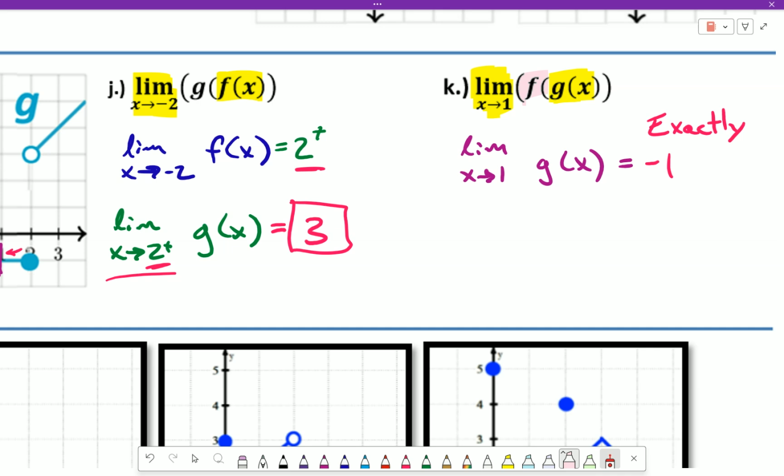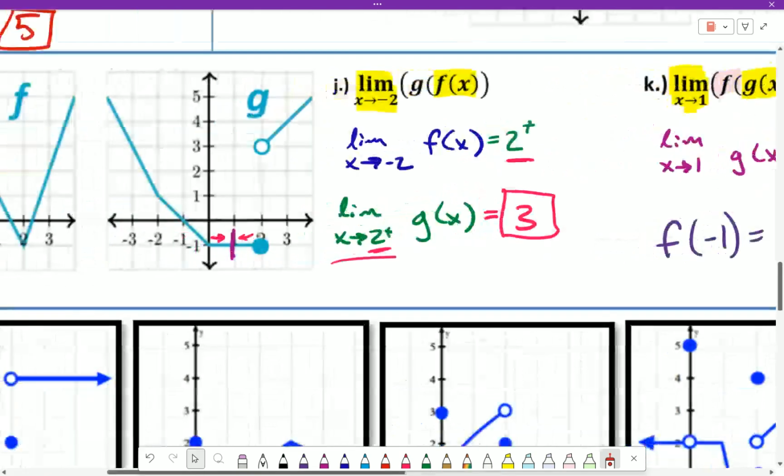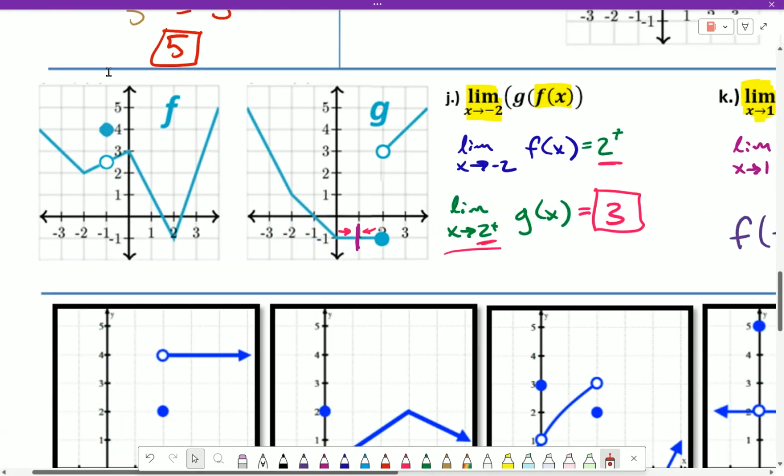So if I'm looking for exactly -1, is this a limit question? No, that's not how limits work. Limits are not exact. What is exact? A value. Again, you can think of it like you are now taking that answer, whatever it is, and plugging it in, because that's what we're doing here. We are finding now f of -1, not a limit, not numbers less than -1, not numbers bigger than -1, but exactly -1.